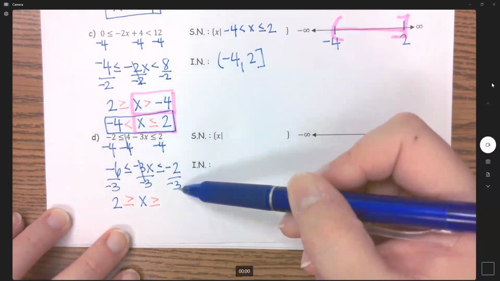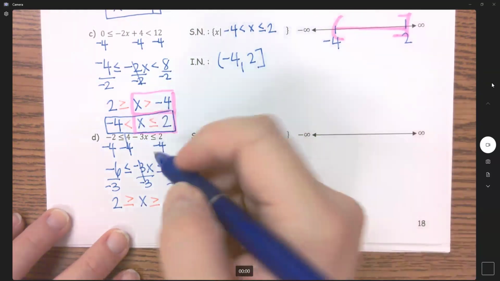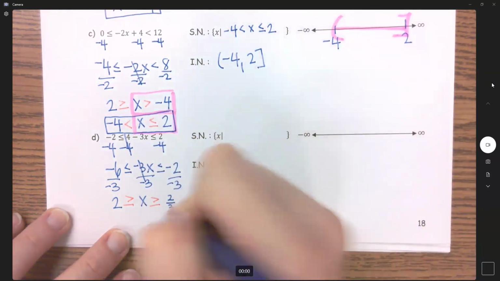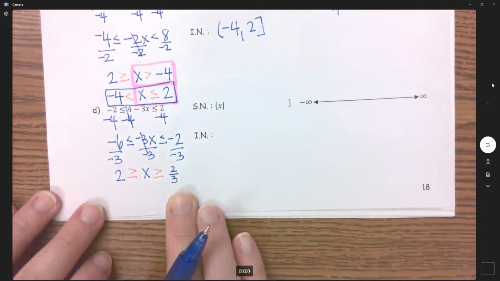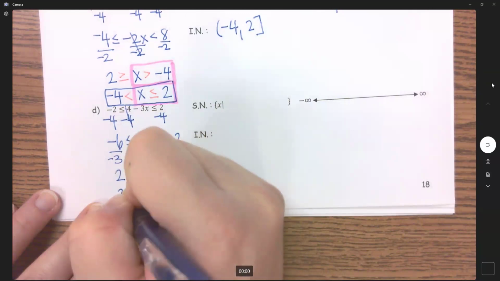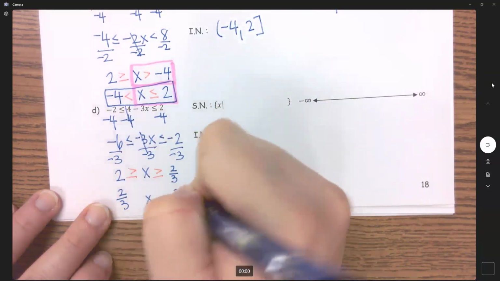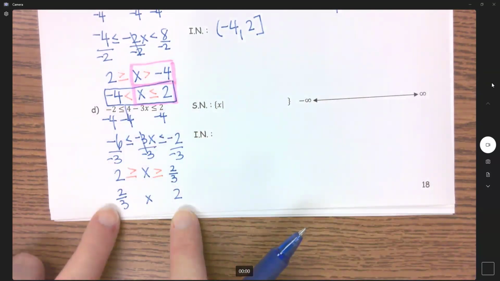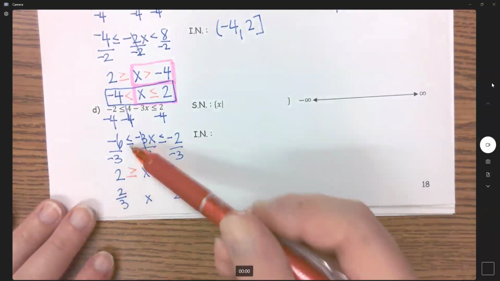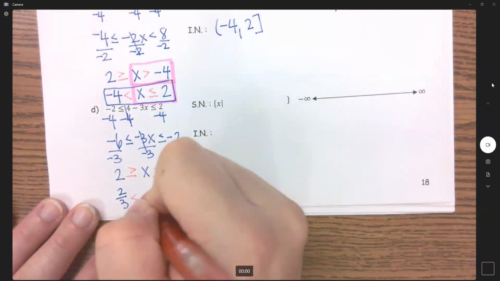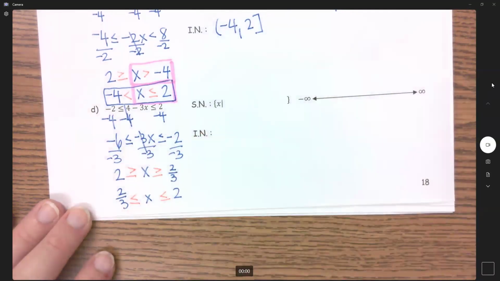And 2 over 3 we can't reduce, but negative over negative does become positive. Now, is this from least to greatest? No, so we need to flip this. And when I flip where my x or where my numbers are, we're going to flip these inequality symbols essentially back. So this would be less than or equal to, less than or equal to.